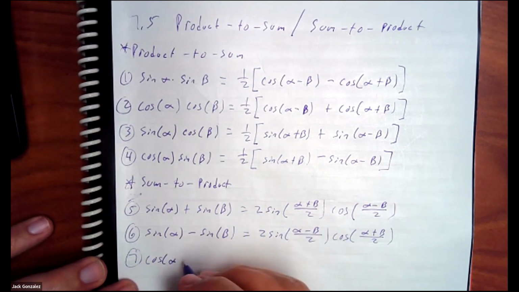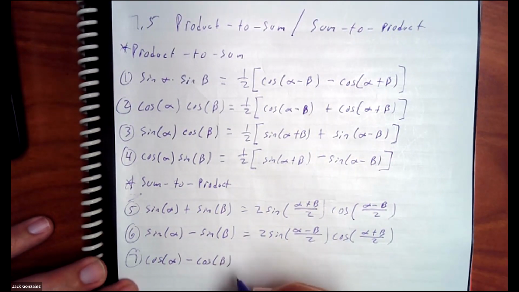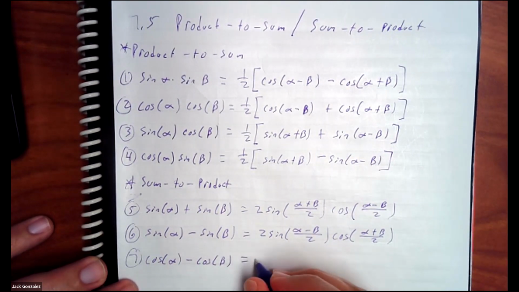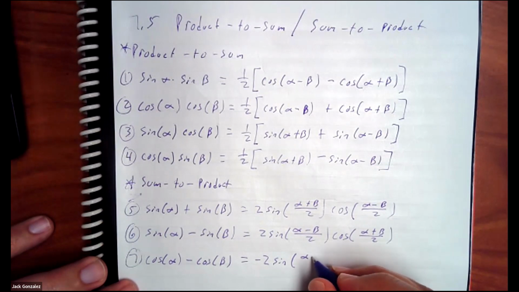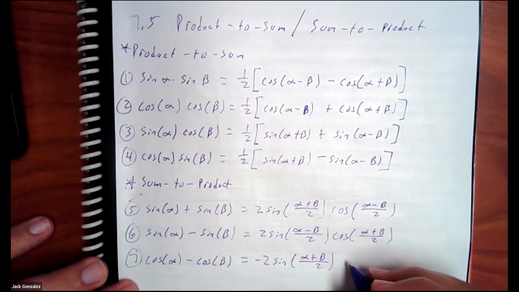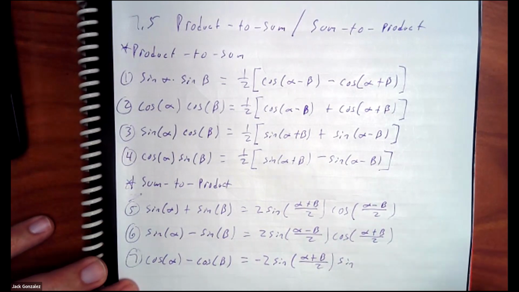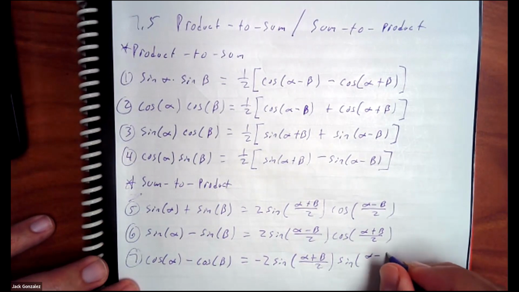Cosine alpha minus cosine beta is equal to -2 sine of alpha plus beta over 2 times sine, let's see, alpha minus beta over 2.